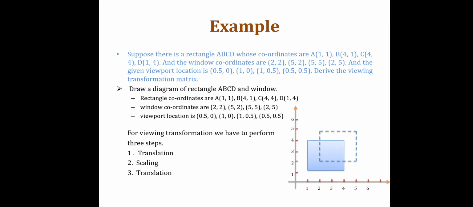So what we have to perform here are the three steps: translation, scaling and translation. Here we are not going to show it diagrammatically, but in the form of transformation matrices, because it is given that you have to derive the viewing transformation matrix. So we are going to represent this diagram in the form of matrices. How? Just see.